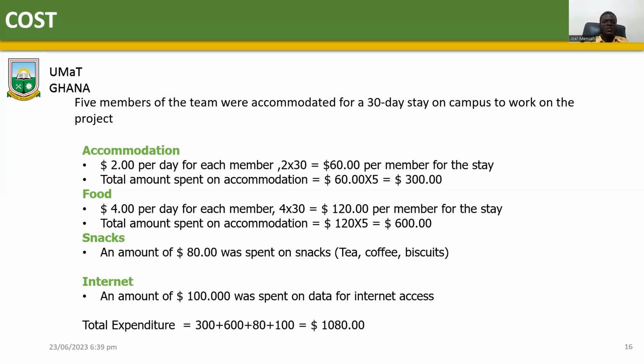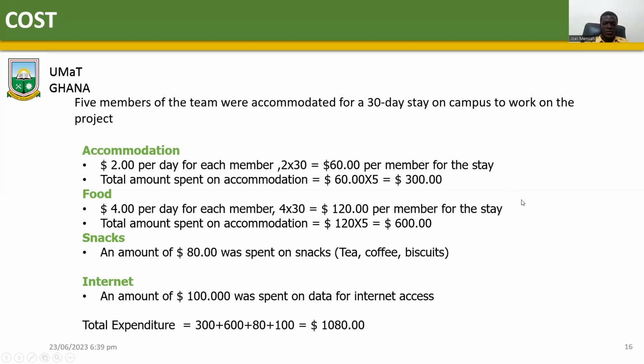An amount of $80 was used to purchase snacks, that is tea, coffee, and biscuits, to sip and chew while performing the project. Also, an amount of $100 was spent on internet during the course of the project.